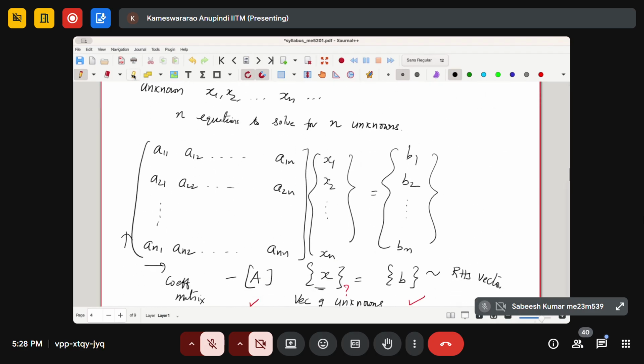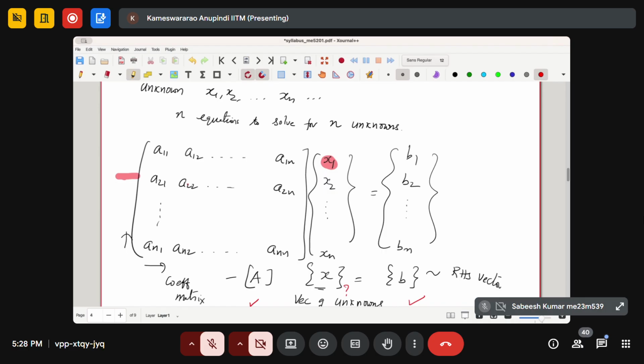So we have the first equation. How many unknowns do we have in the first equation? When I write the equation, I have a11 x1 plus a12 x2 and so on, plus a1n xn equals b1. So how many unknowns do I have? I have x1 to xn, right? I have n unknowns in the first equation. But we're going to modify the second equation such that I do not want dependency on x1.